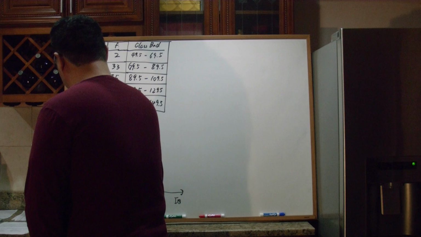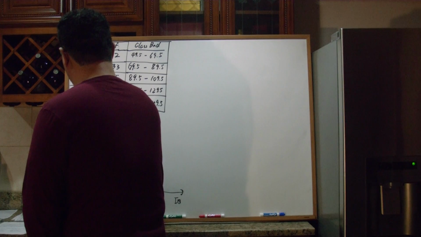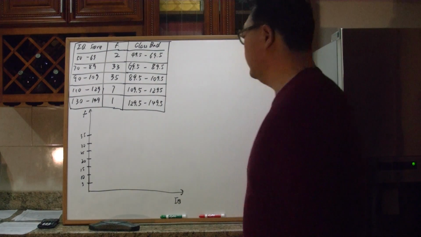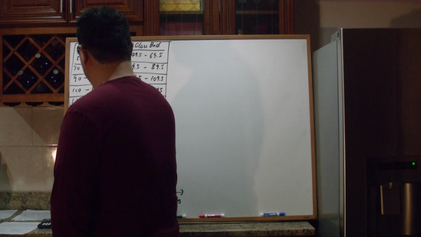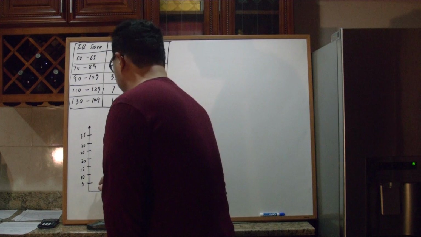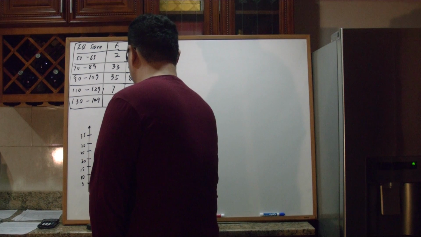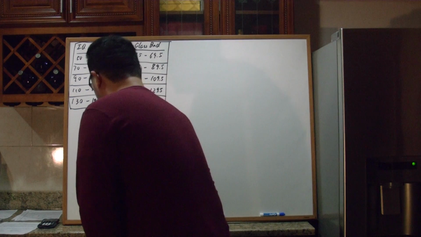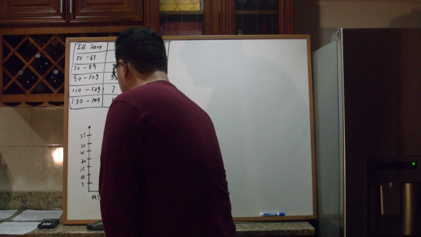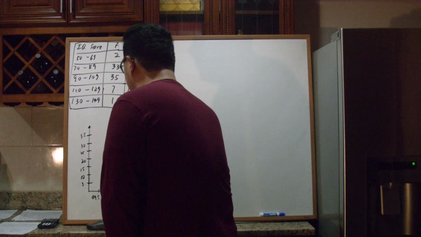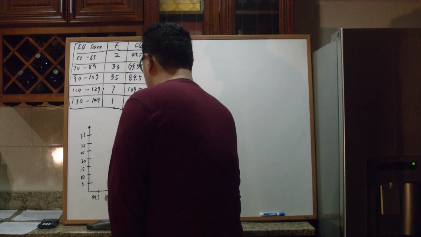Right, 5 as a gap. And for the horizontal scale, we use the class boundaries from the first class, second, third, fourth, and fifth: 49.5, 69.5, 89.5, 109.5, 129.5, and the last one.